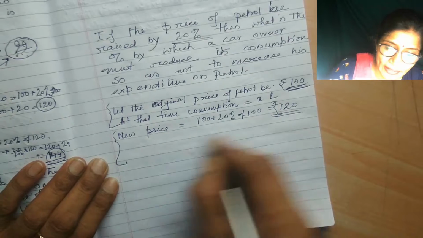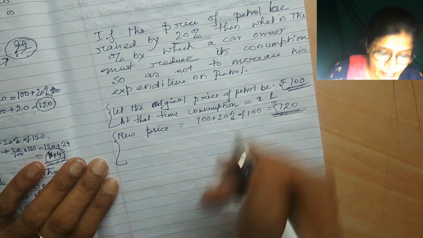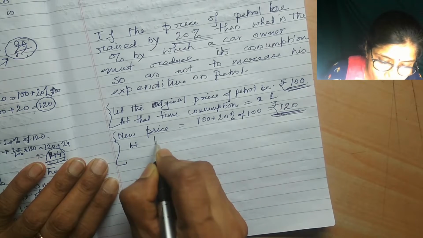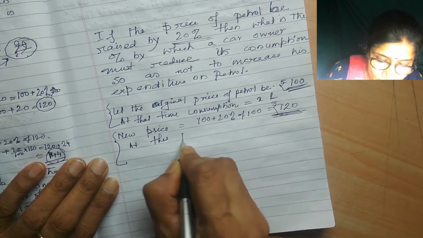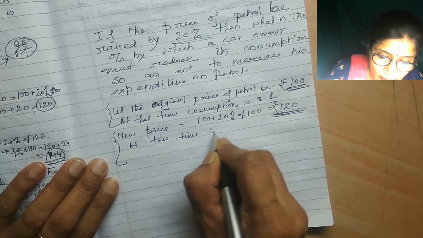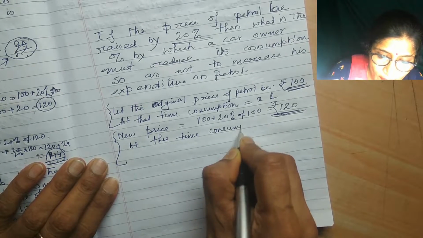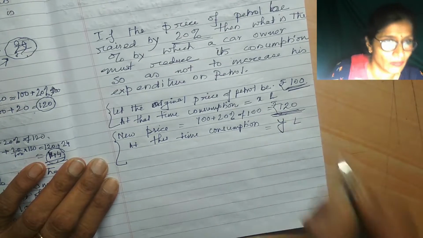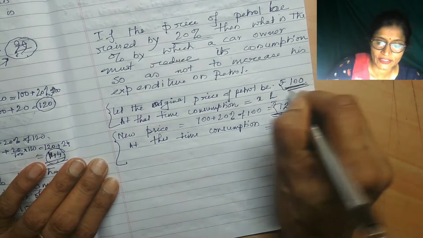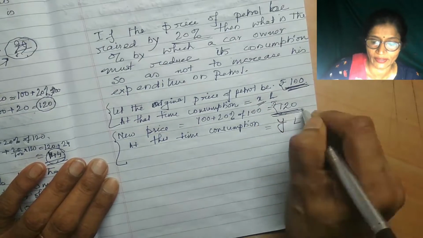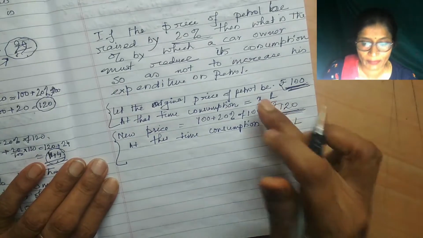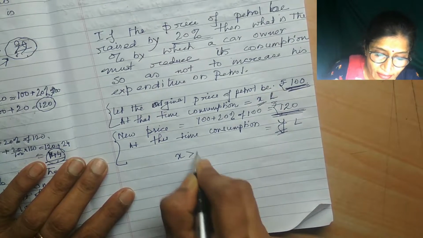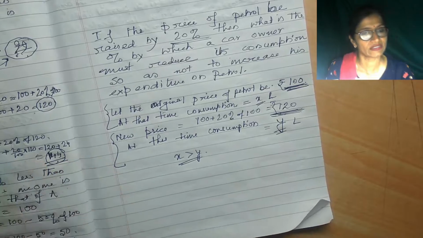And when the new price is 120, let the consumption be Y liters. Initially, when it was 100 rupees, the consumption was X; at 120, the consumption is Y, because he has reduced his consumption. Obviously X is greater than Y.